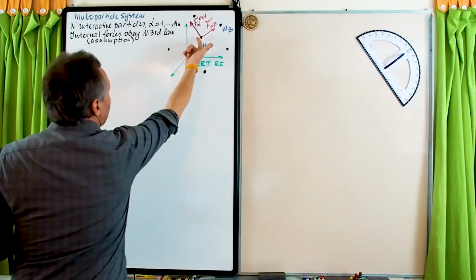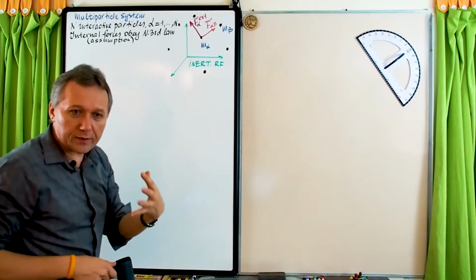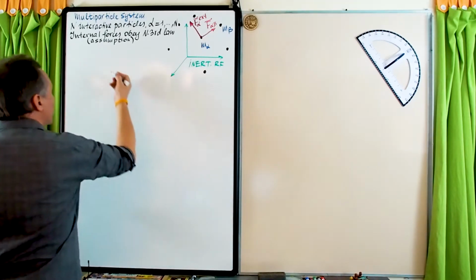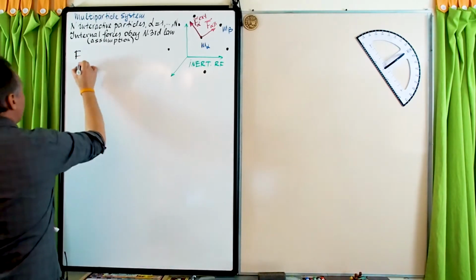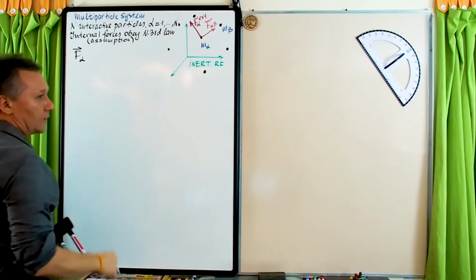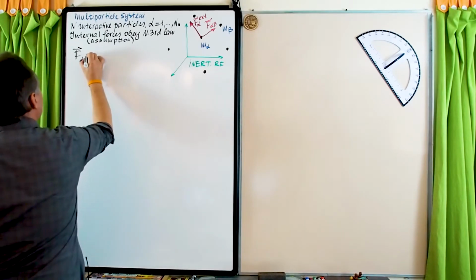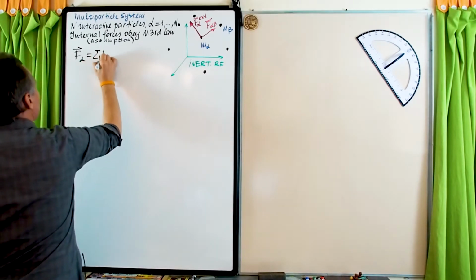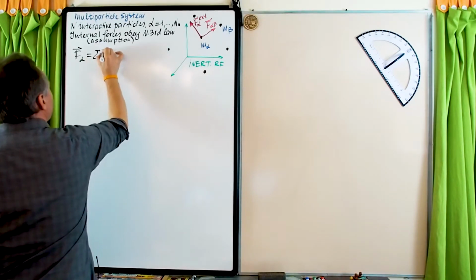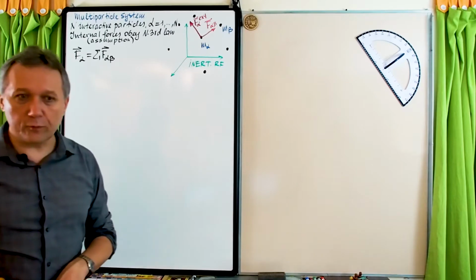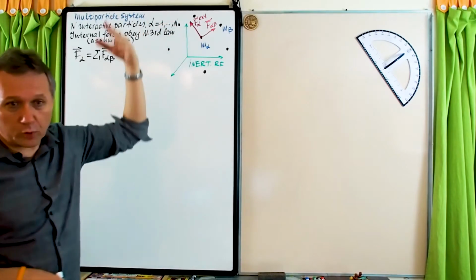Now let's write down, let's apply Newton's second law for particle alpha. I will write F alpha, the net force acting on particle alpha, which consists of internal and external forces. Inside of this we have the sum of F alpha beta, because the internal force can come from all particles.